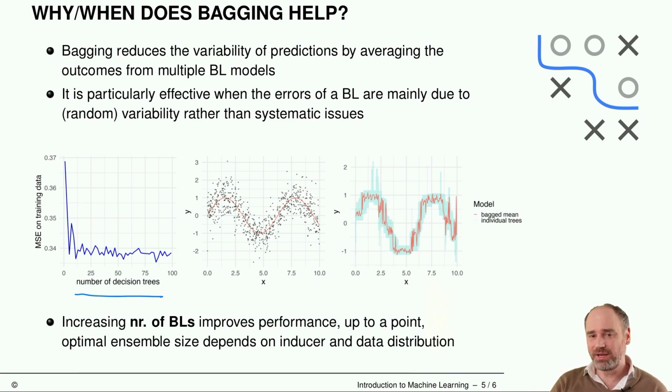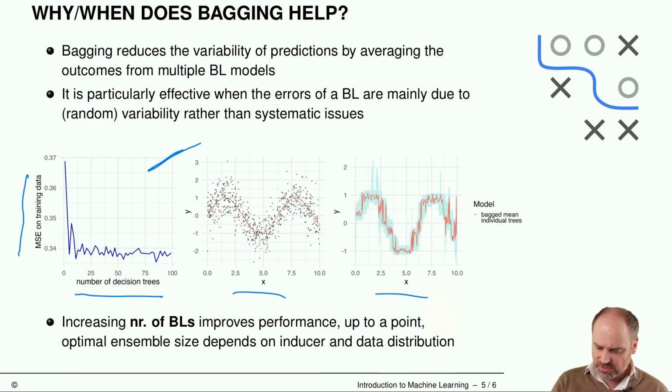Very often bagging is combined with decision trees because decision trees are somewhat unstable as a learning algorithm. We have learned that before. And I'm now creating here different bagging ensembles based on trees for different sizes, right? And here on the y-axis, you can see the resulting MSE on the regression task that I'm applying that to. And you can see how that goes down when ensemble size goes up.